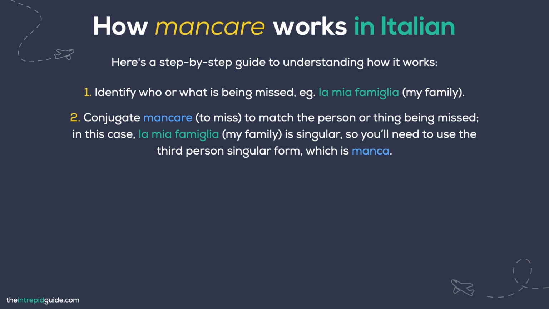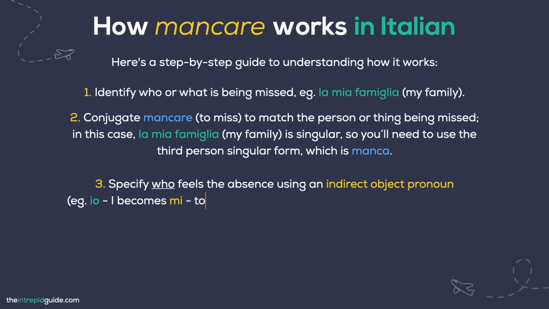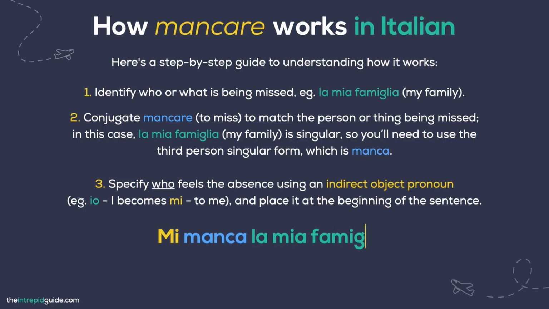In this case, la mia famiglia, my family, is singular, so you'll need to use the third person singular form, which is manca. Next, specify who feels the absence using an indirect object pronoun. For example, io, I, becomes mi, meaning to me, and place it at the beginning of the sentence. Putting all this together, you will have Mi manca la mia famiglia. I miss my family. See how it works?